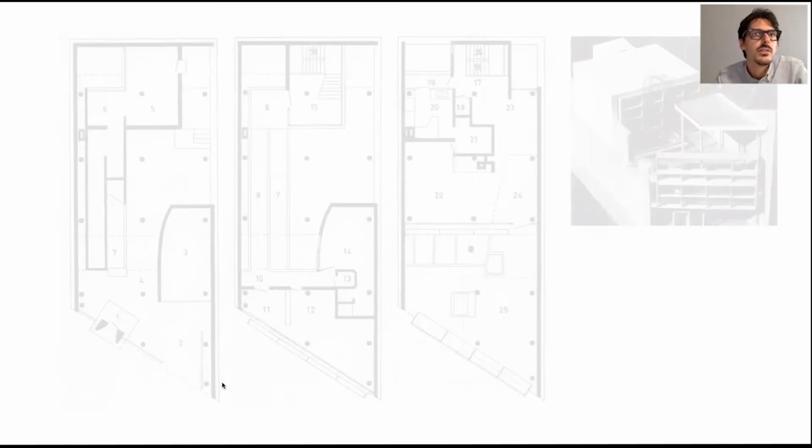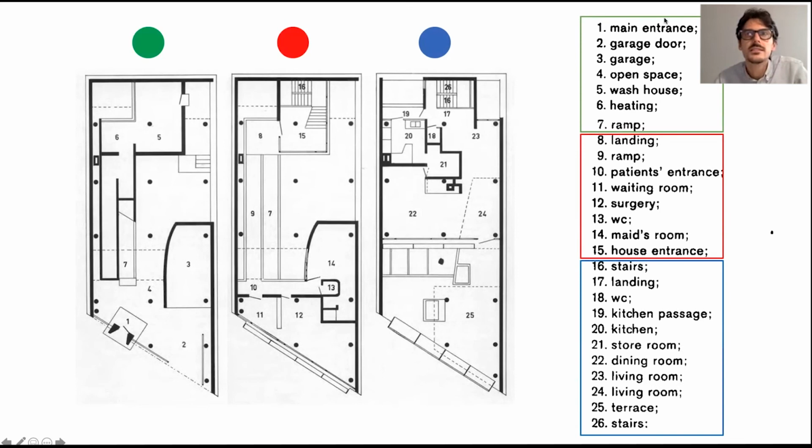So this on the right side is the list of functions. In order to understand how this list was made, I use colors. So the 7 items bounded in these green boundaries refer to the ground floor. The red refers to the first floor, and the blue one refers to the second floor.